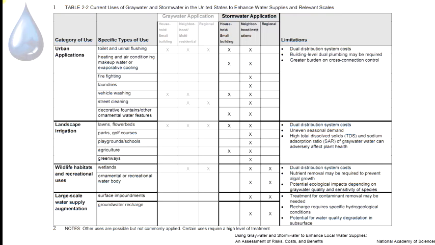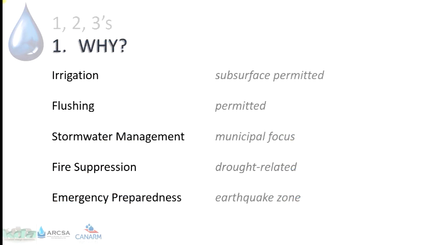This is from the National Academy of Sciences, but they say that there are uses of grey water and stormwater, and in this case stormwater includes rainwater, or means rainwater, from urban and landscape, wildlife, and large-scale projects, toilet and urinal flushing, firefighting, heating and air conditioning, vehicle washing, laundry, the whole landscape aspect, and how this all works together, and how grey water fits into it too.